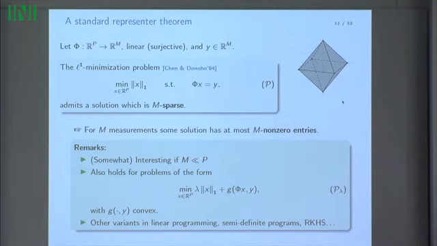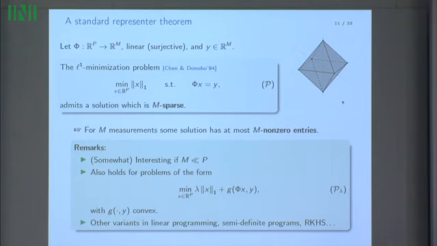Okay? And actually, this result also holds for the regularized version of the basis pursuit. Assume that you have maybe some noise in your measurements, and you want to solve now the regularized problem P lambda, where you just add a data fidelity term here between the observation vector y and the mapping of the signal x through phi. And why is it so?